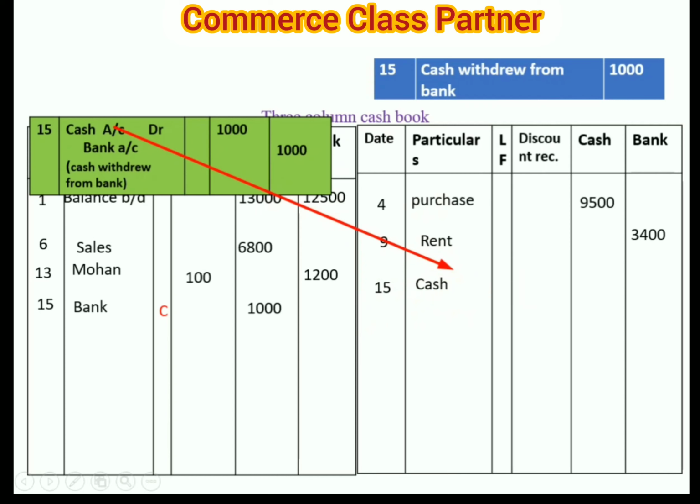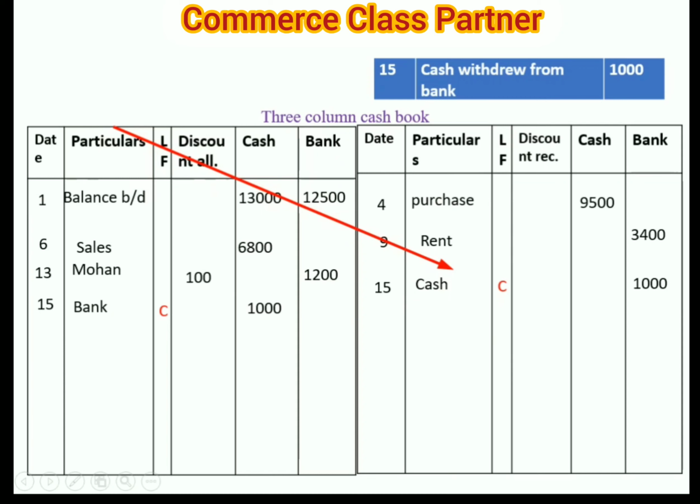Then the amount is given on the bank column. When we are entering cash, it should not be entered on the cash column. It should be entered on the bank column. So in order to denote it as a contra entry, C is given on the LF column also. Now we have completed entering this contra entry.